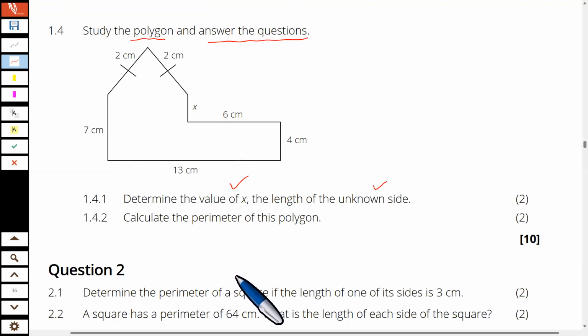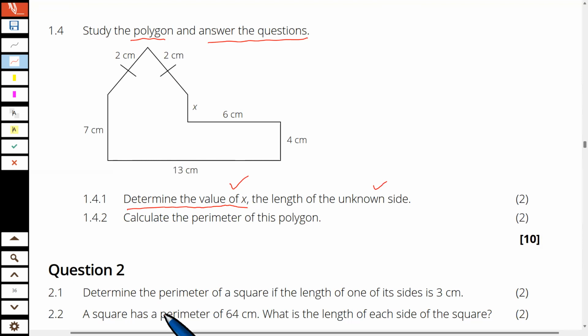I'm giving you 2 minutes to try this question, then we shall do corrections together. Determine the value of x in this question.